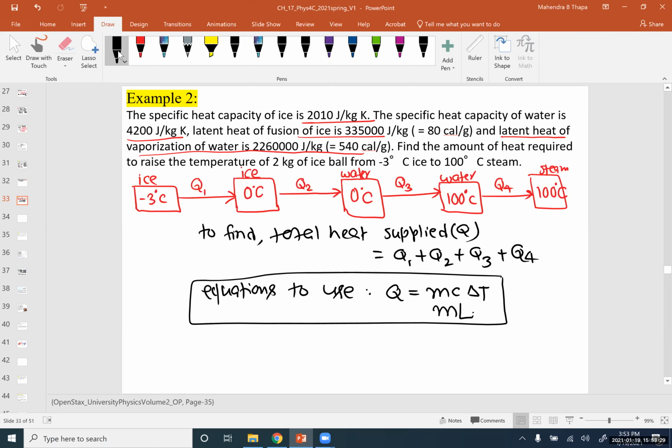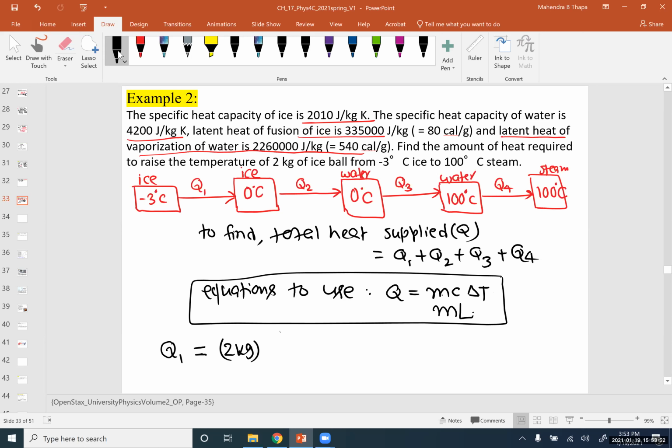So let's see how much heat is required to convert minus 3 degree ice to 0 degree ice. So this is change of state, sorry, change of temperature. So you are using this equation, MC, change in temperature. So it will be 2 kilograms times the specific heat capacity of ice.